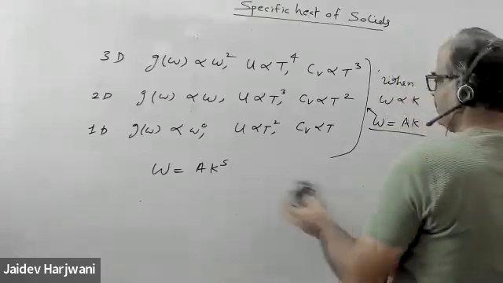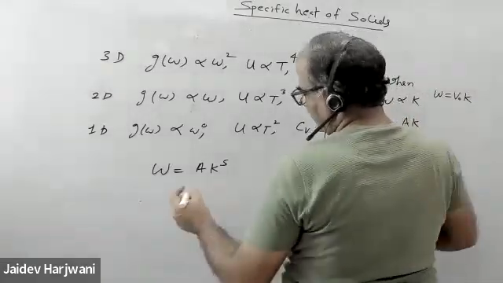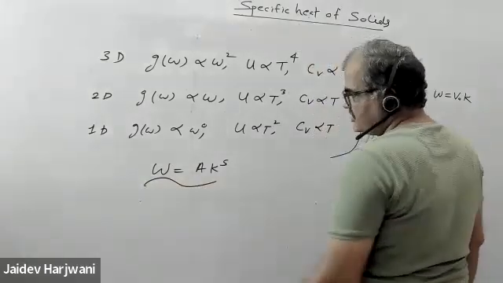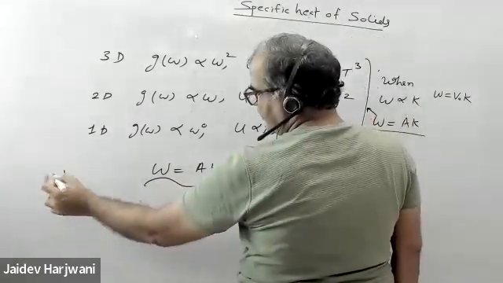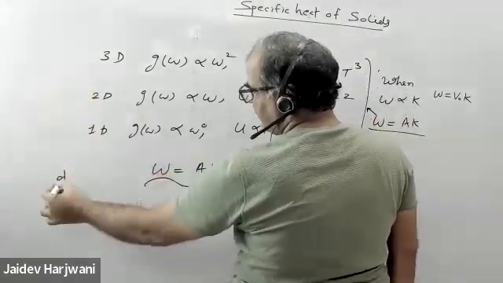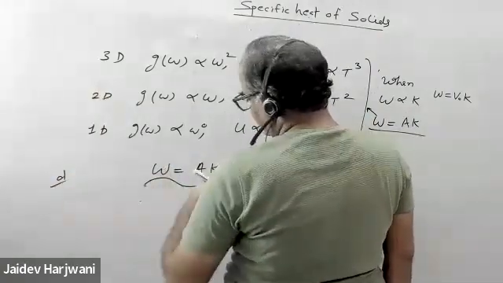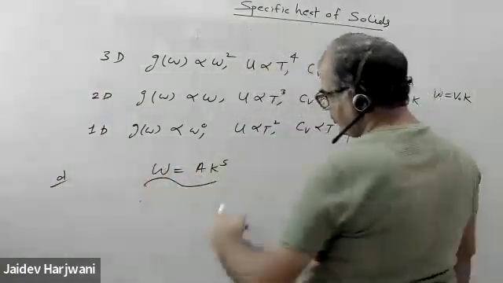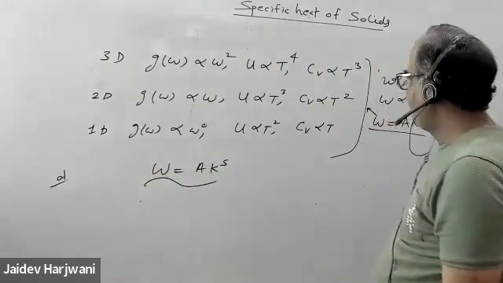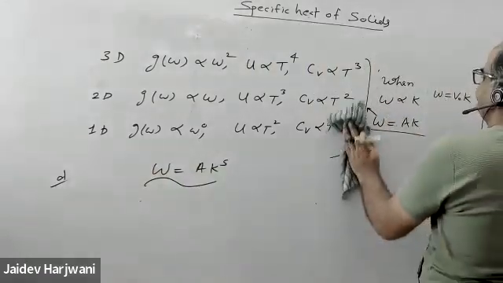Now let us solve for the general case, when the dimension is d instead of 2D or 3D, and the relation is omega proportional to k power s. So let us start.